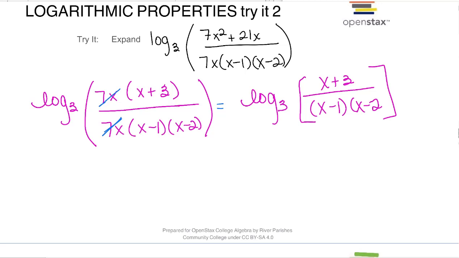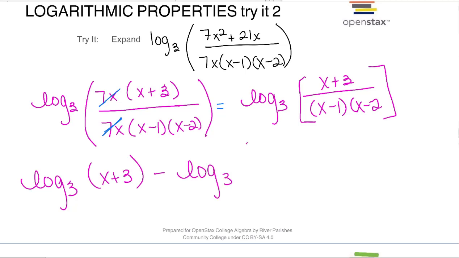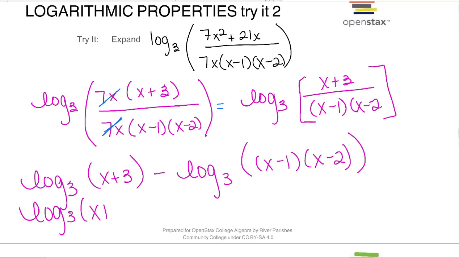So this is a quotient, so we're going to write it as the difference of log base 3 of the numerator and log base 3 of the denominator, which is x minus 1 times x minus 2. Well, we're good with this first part.